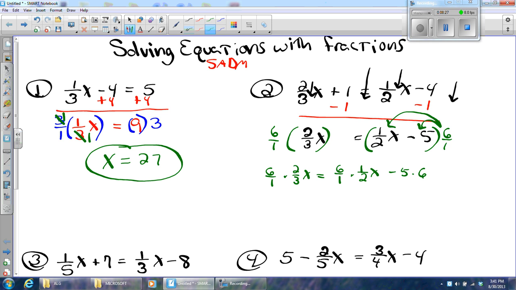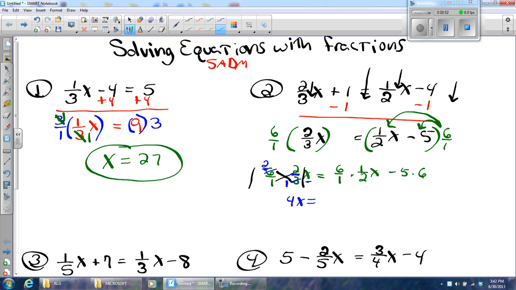Okay, so let's see what happens here. I look in the 4 directions, 1, 2, 3, 4, looking for something that will cancel. And sure enough, I see 6/3. 6/3 will turn into a 2/1. I multiply this 2 by this x, and I get 4x.